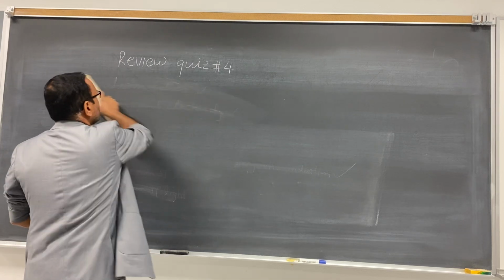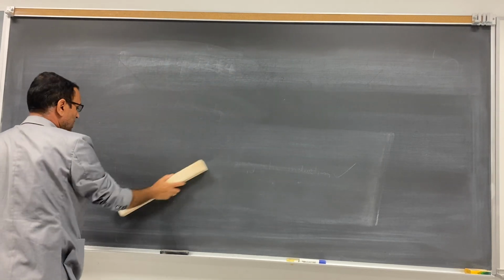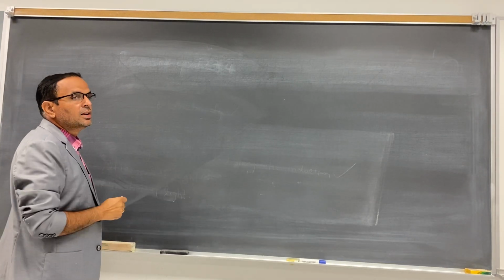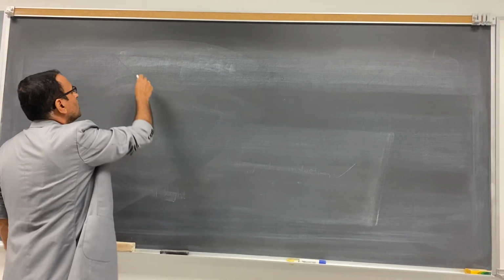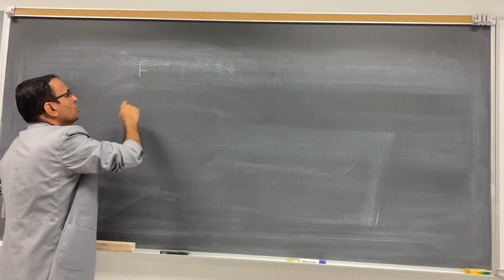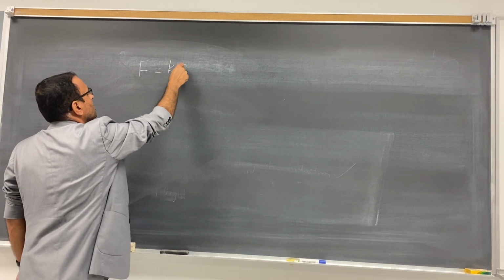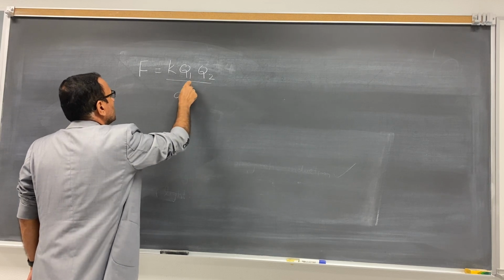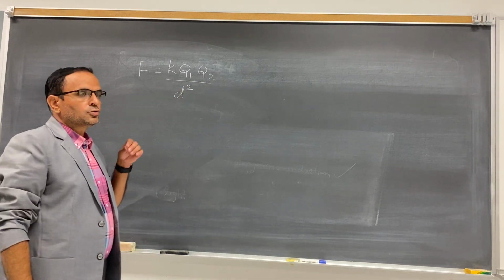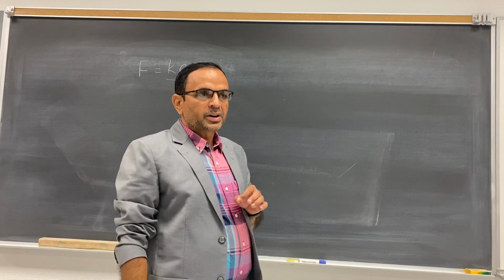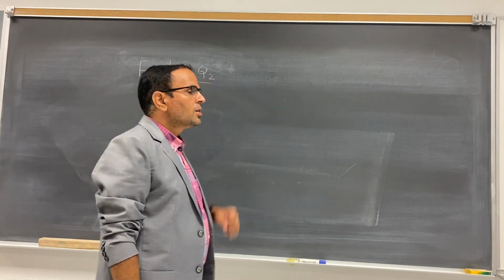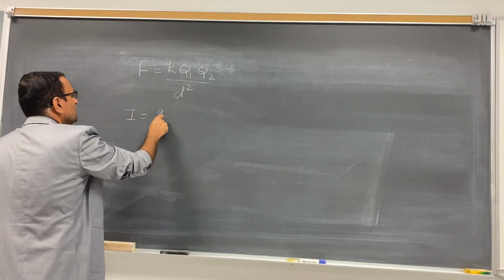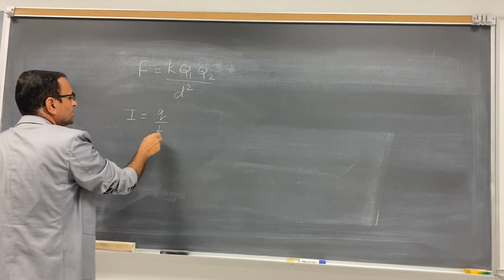Again, please watch my review video for exam 2 and recall the electrostatic induction and Coulomb's law. The Coulomb force is K Q1 Q2 divided by d square, and also recall the electric potential. In current electricity, define the current I equal to Q divided by T, where Q is the charge and T is the time.